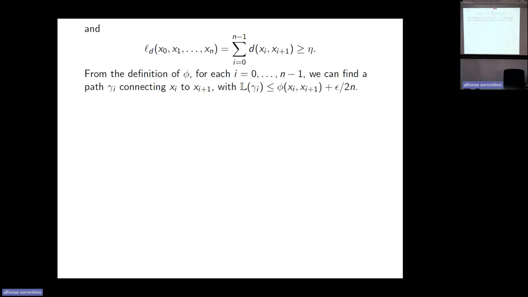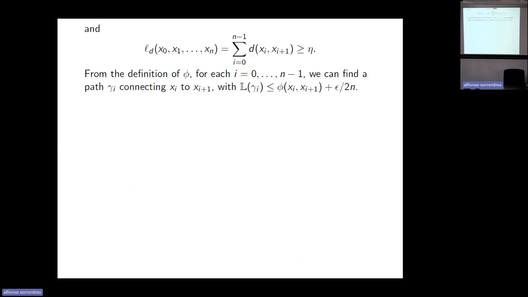Okay, from the definition of phi, and again here there is a missing term, we can find a path connecting x_i to x_{i+1} in some time t_i, such that the action of gamma_i plus c0 t_i is less than phi of x_i, x_{i+1} plus epsilon.